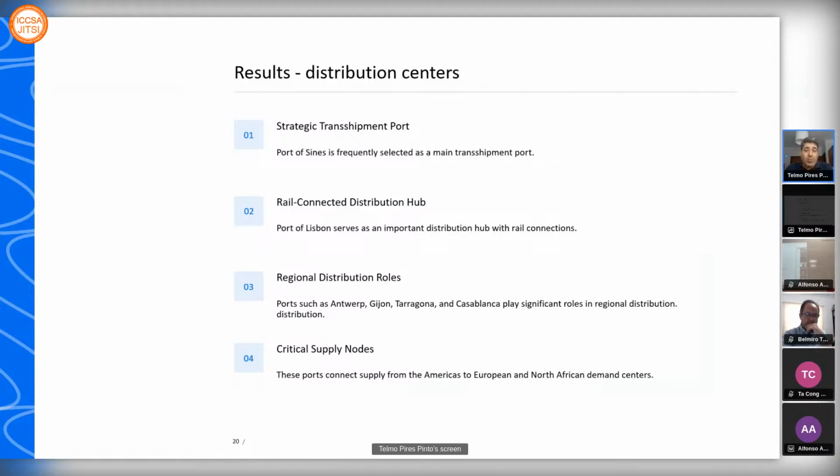Additional ports like Antwerp, Gijon, Tarragona, and Casablanca play important roles in more regional distribution networks. So perhaps more focus on regional distribution. These ports serve as critical supply nodes, linking supply from the Americas to demand centers across Europe and North Africa. And together they form a kind of integrated network supporting global versus regional trade flows.